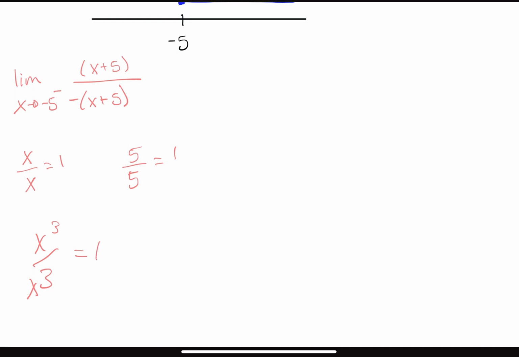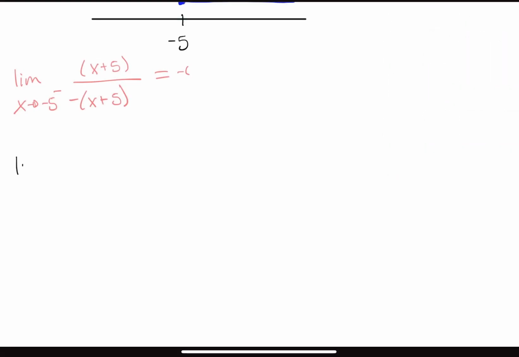If I have x plus 1 over x plus 1, this is equal to 1. If I have x plus 5 over negative x plus 5, this should be equal to -1. Because when you divide anything by itself, like this x plus 5 over this x plus 5, it should be equal to 1. But we are going to prove that this is true.